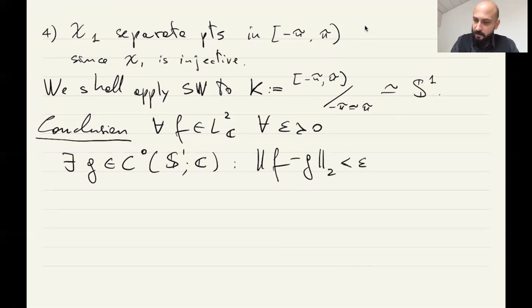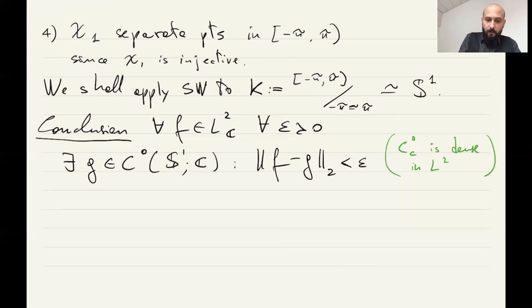This is because the continuous functions with compact support, which in this case are the same as the continuous functions because the space is compact, are dense in Lp, and so dense in L2. This is something we discussed already.